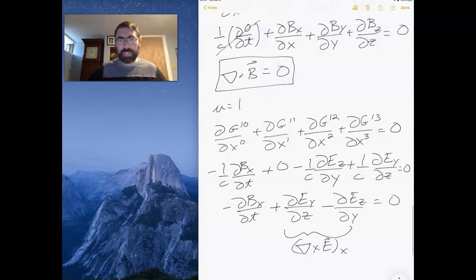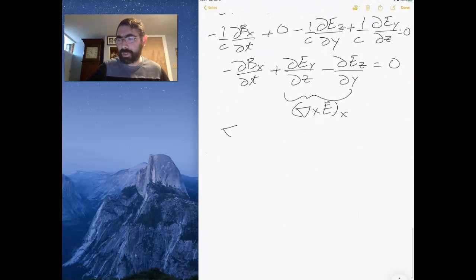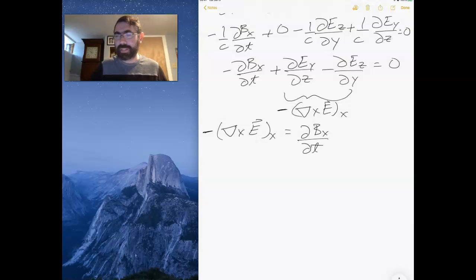And so in the end, what I get is the curl of E, x component, is equal to minus the derivative of the x component of the magnetic field with respect to time. And so in the end, what I get is Maxwell's third equation.